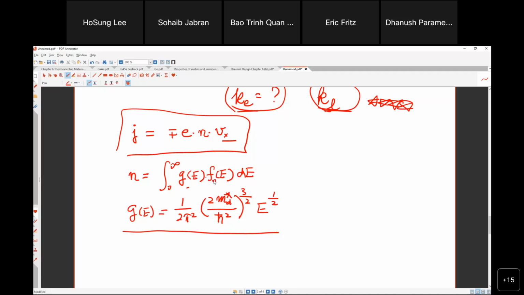So we look at the undisturbed case first of all; the disturbed n comes later. We find 1 over 2 pi square, because this is constant, times 2 m star d over h bar square to the 3/2, times an integral from 0 to infinity of energy to the 1/2 over an exponent of (E minus EF) over kBT, plus 1.